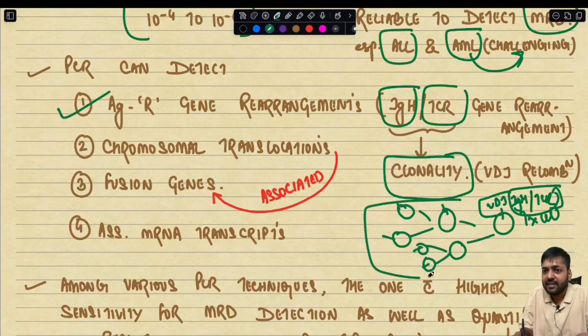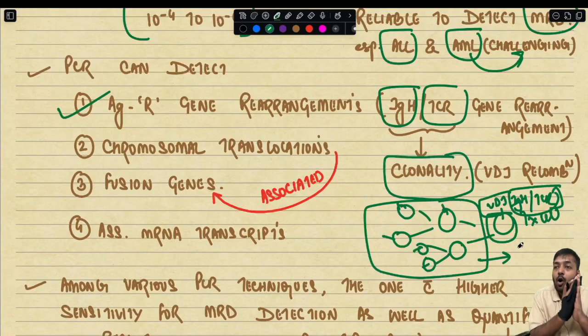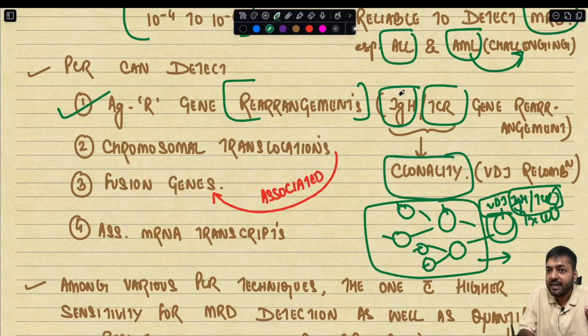So this group of tumor cells arising from this cell have this particular gene rearrangement, which is used for detecting this malignant clone or clonal population. And remember, malignant tumor cells always show clonality. Clonality is a signature of neoplastic transformation. So this principle is basically used for detecting the tumor cells. PCR can detect the clonality using antigen receptor gene rearrangement, so we are detecting such unique clonal rearrangement.